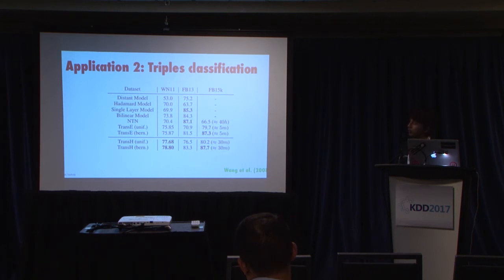You can see that on FB13, Freebase 13, and FB15K, two subsets of Freebase, the latest methods achieve something in the late 70s. I think the latest results are in the 80s now, but not in the 90s. So there's still a lot of room for improvement, even in the usual domain, and in the unusual domain, no one has done an evaluation.